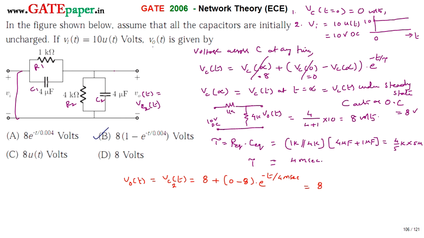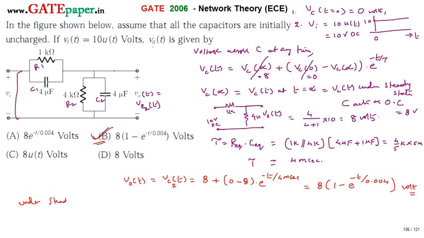That means 8 into 1 minus e power minus t by 0.004 seconds. So the final output voltage V0 of t is 8 into 1 minus e power minus t by 0.004 volts. So the right answer for this question is B.